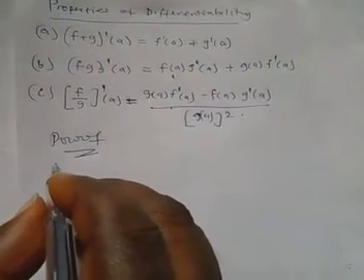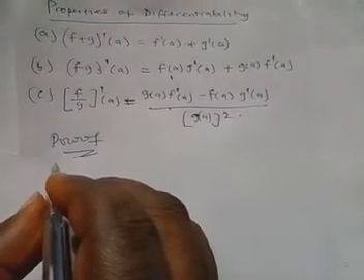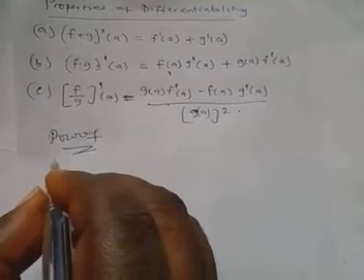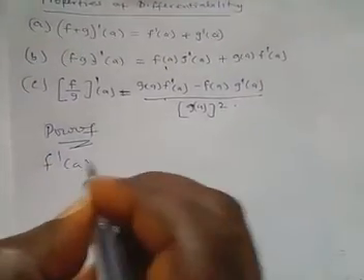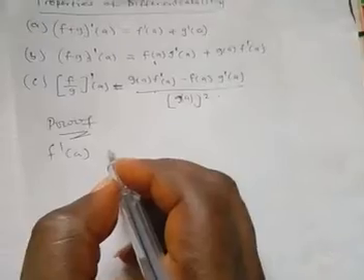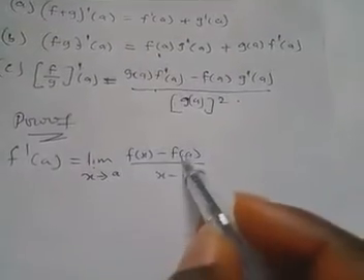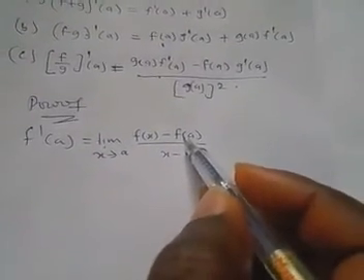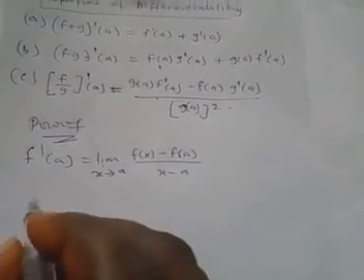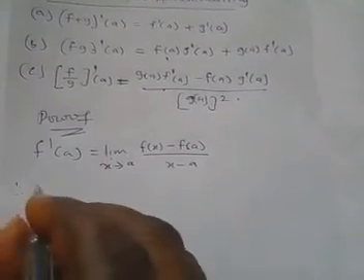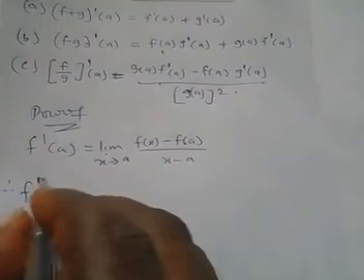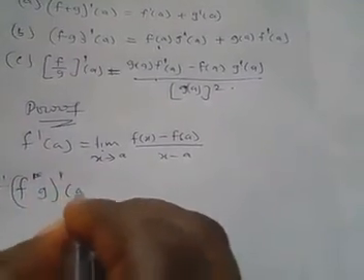So the first thing is I will need to recall that f prime of a is equal to this. That is by definition. Now what we are saying is (fg) prime of a.